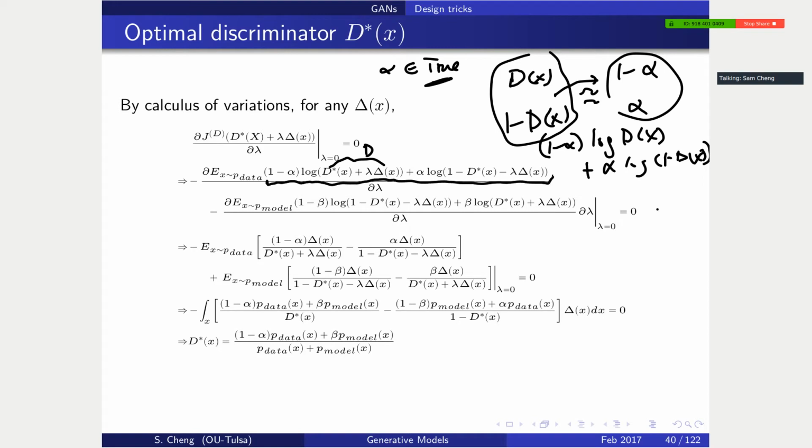That happens when your x is drawn from the actual data here. And if you're drawing from the model, the generated data, then it will be exactly flipped, right?